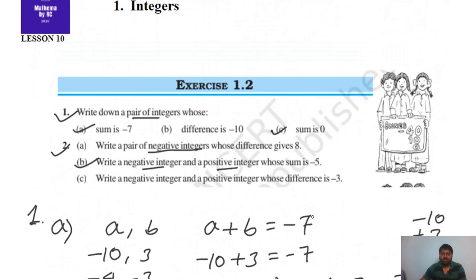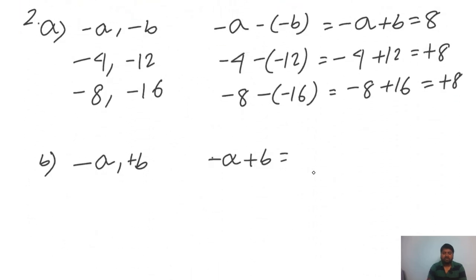Suppose here we choose a number, minus 8. Then the positive number is plus 3, because we know 8 minus 3 is 5, and the minus sign is before 8, and 8 is bigger than 3, so the result is minus. So minus 8 plus 3 is minus 5.